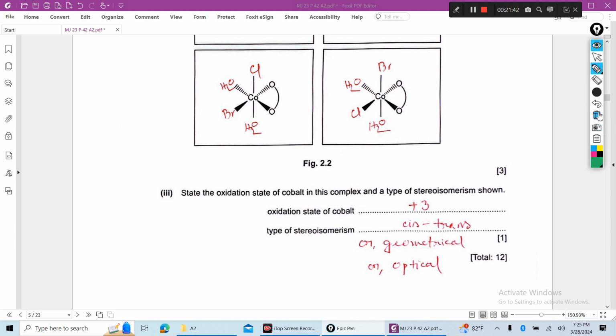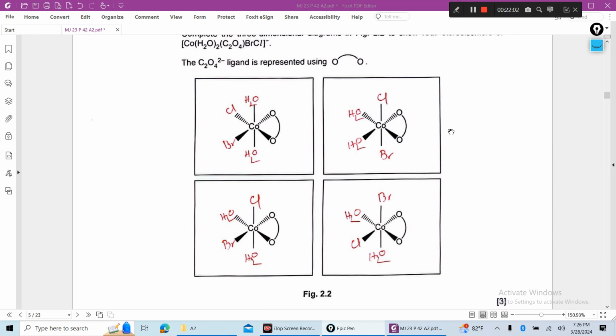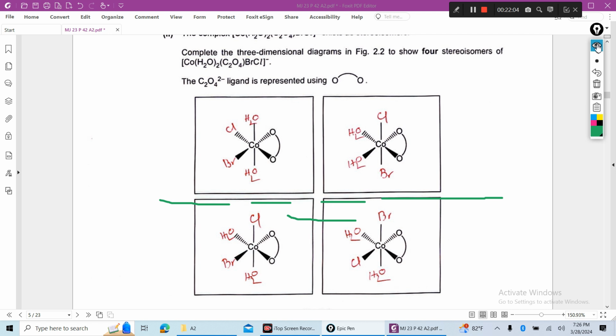Then you are asked to state the oxidation state of cobalt in these complexes and the type of stereoisomerism shown. So the oxidation state of cobalt is +3. Why +3?